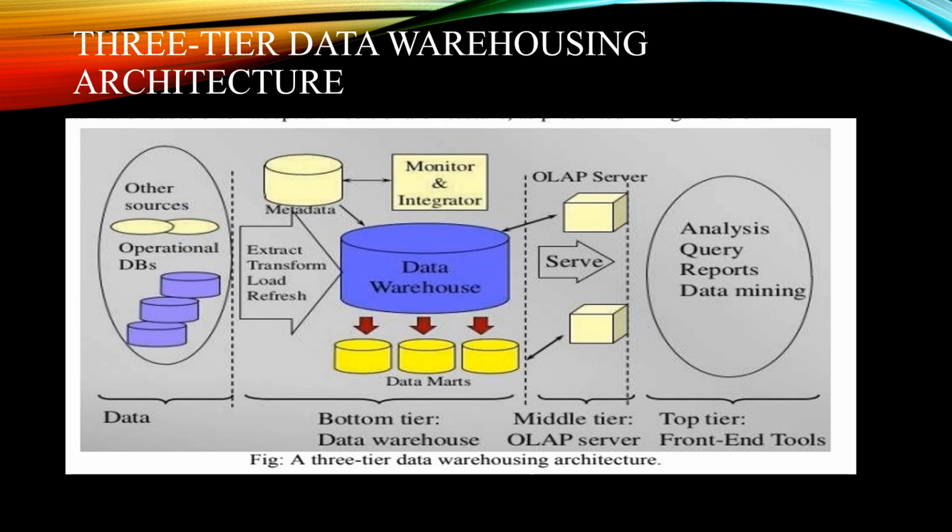Multidimensional OLAP is a special purpose server that directly implements multidimensional data and operations. Top tier. It is a front-end client layer which contains query and reporting tools, analysis tools or data mining tools.